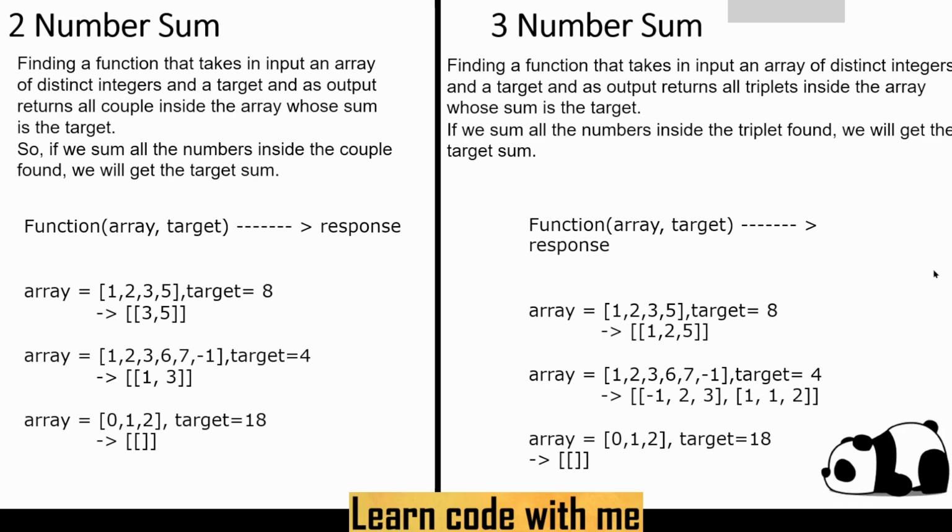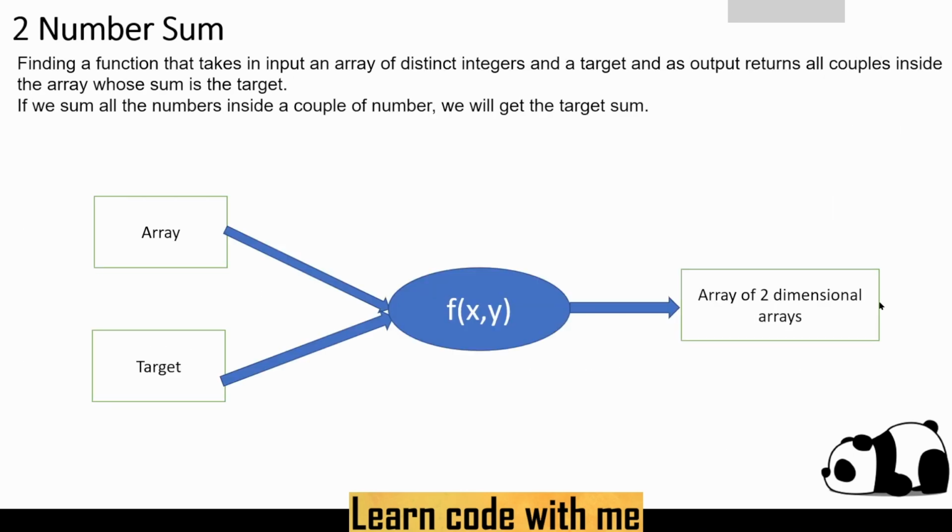Okay, let's jump into the problem. Right now we want to understand how the two-number sum algorithm works. To repeat: find a function that takes as input an array of distinct integers and a target, and as output returns all couples inside the array whose sum is the target.